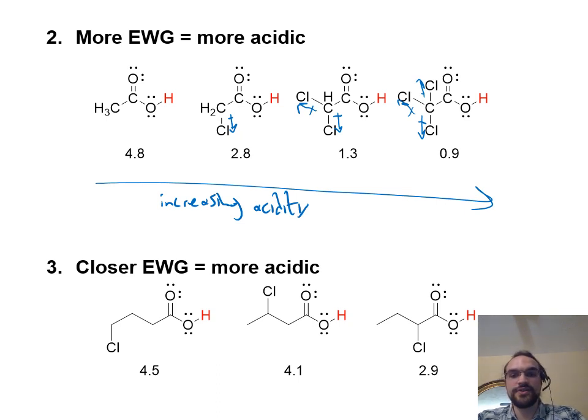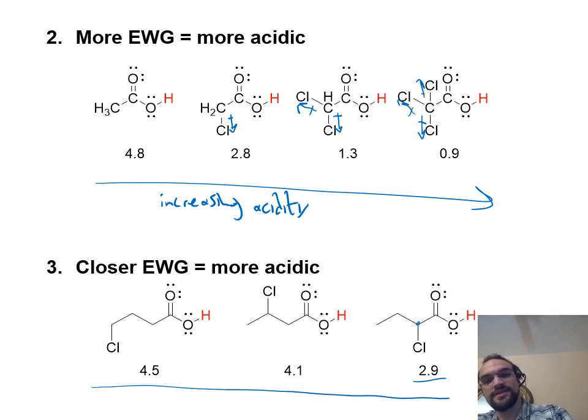And there's also a proximity effect. If the electron withdrawing group is closer to the carboxylic acid, as in the case of the structure on the left here, where that chloro group is on the second carbon, we're going to see a stronger acid, right? So it has a stronger pull. Its effect is stronger when it's nearby.